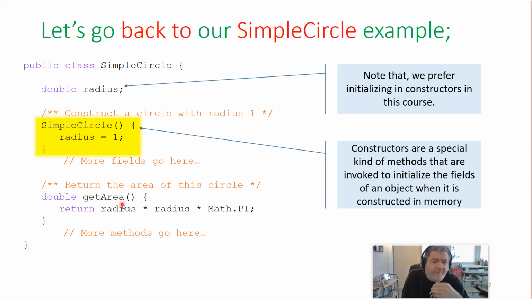And when you call this method on an object, it's like you are executing its code in the context of that object. What does that mean, the context of that object? That means that that object is going to have its own variable, its own attribute named radius. That's going to have its own value independently of the value of all the other attributes radius from all the other SimpleCircle objects.